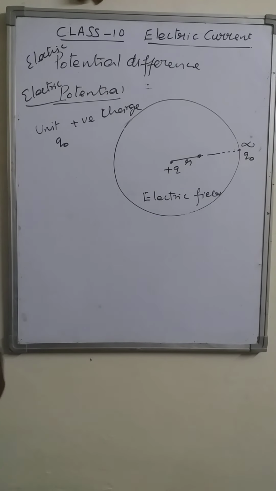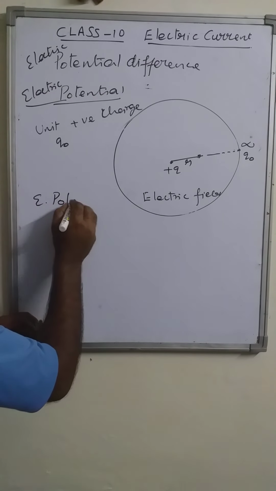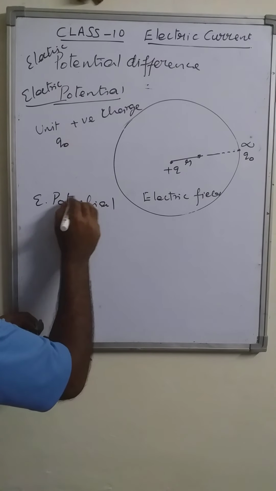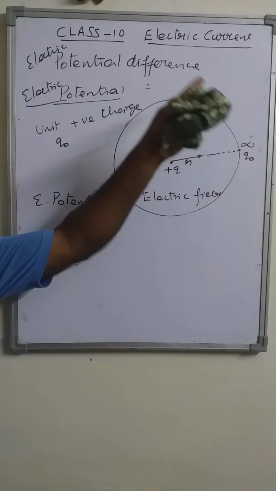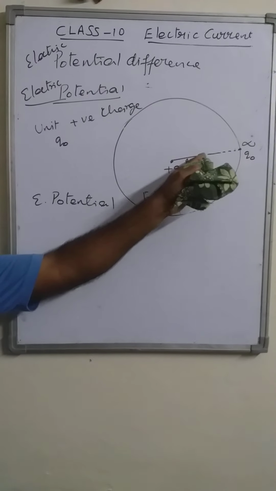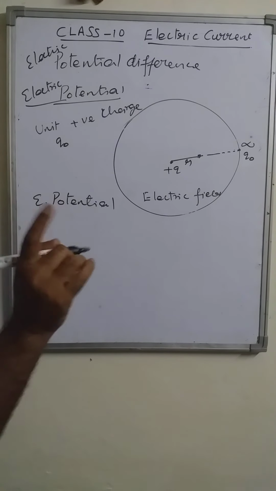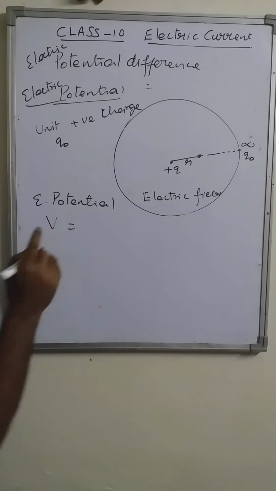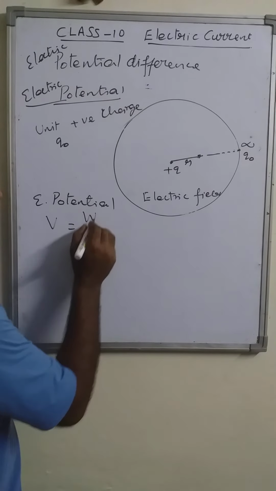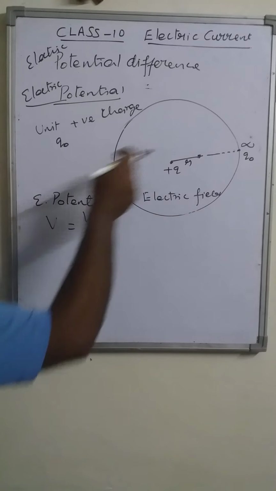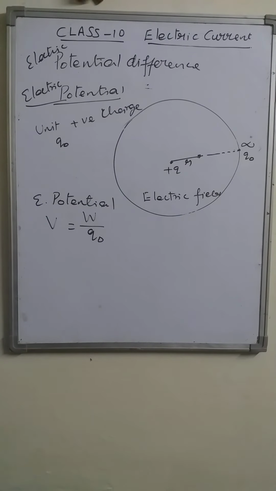So electric potential is the amount of work done to bring a unit positive charge from infinity to a particular point inside the electric field. That is electric potential, represented by the symbol capital V.